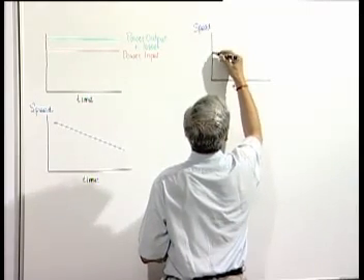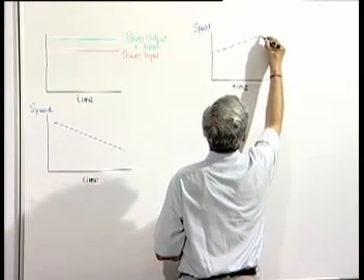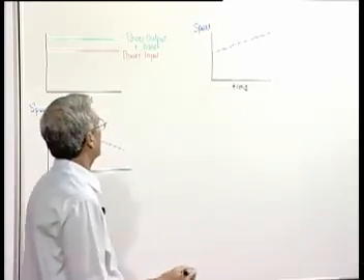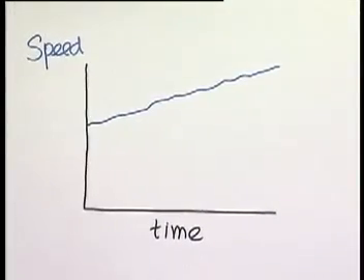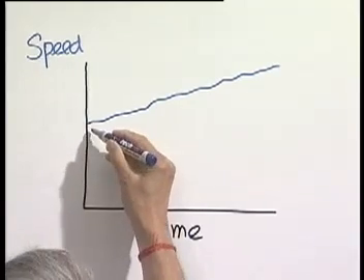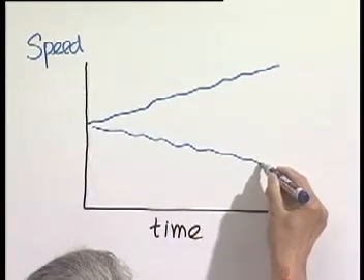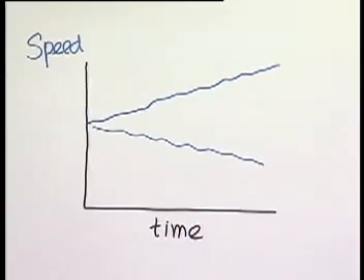So, this is the rising curve and this is the falling, something like this.